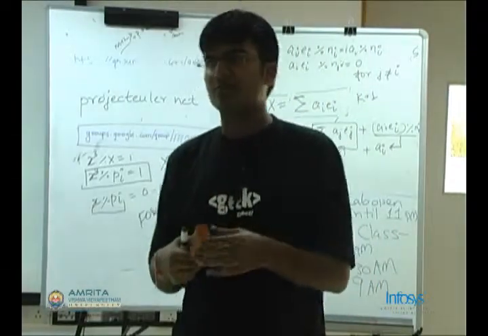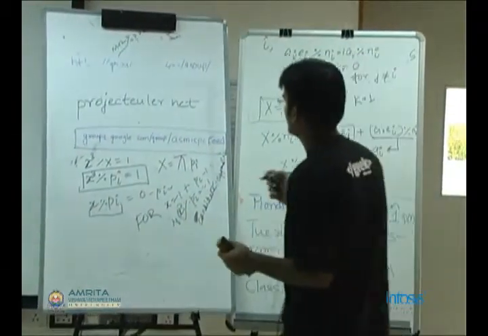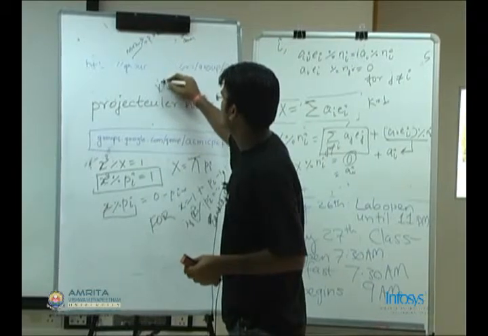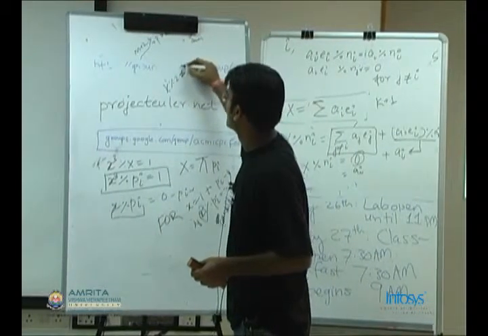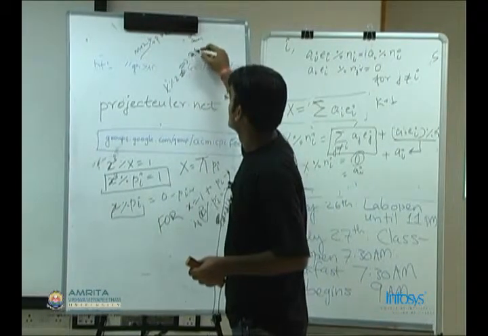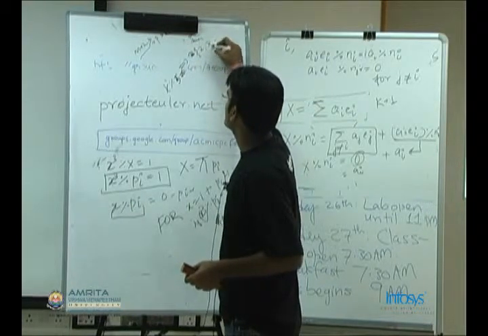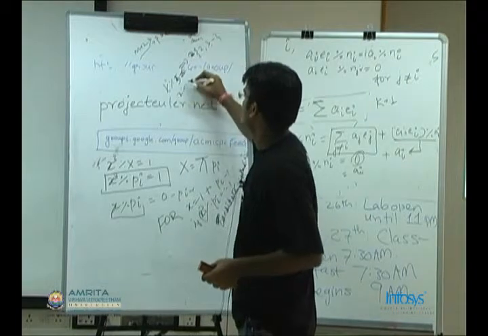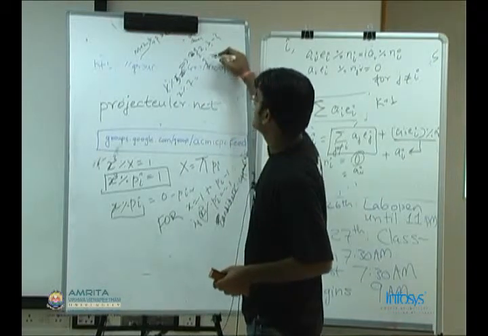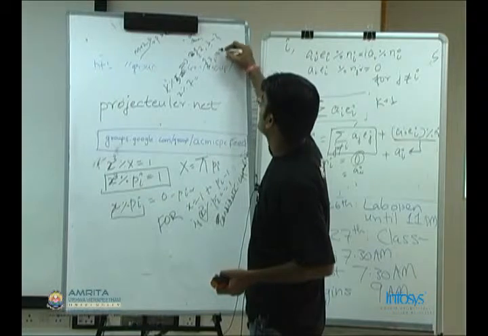Once we have that, let's say x mod 2 could take 3 values. x mod 5 could take 3 values, 2, 3, 4, and x mod 7 could take 2 values, 3 and 4.